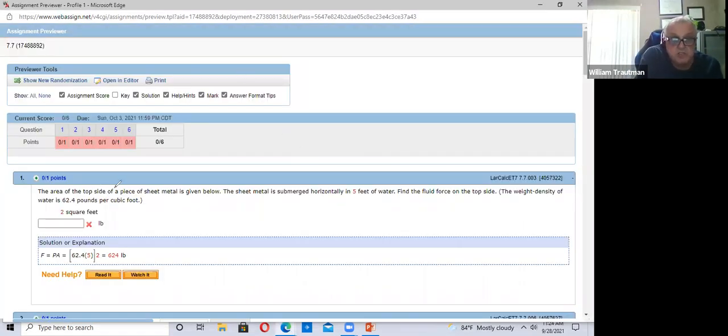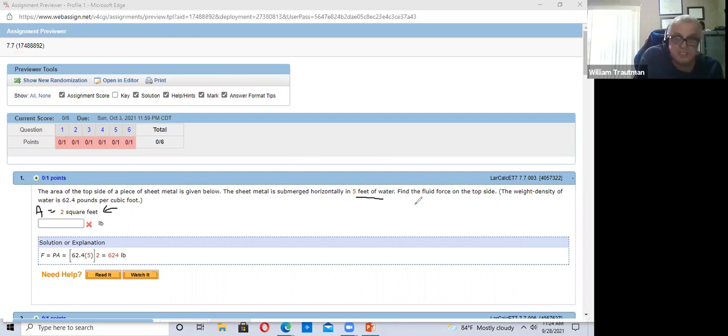So the area top side of a piece of sheet metal is given. There's the area right there. The sheet metal is submerged horizontally in 5 feet of water. Find the fluid force of the top side. Water and density is 62.4.